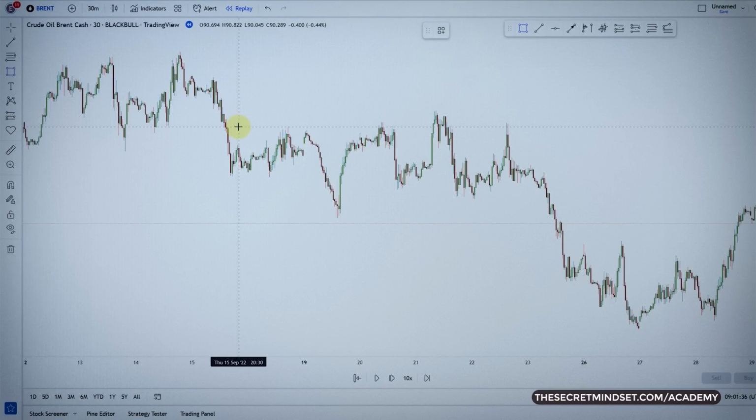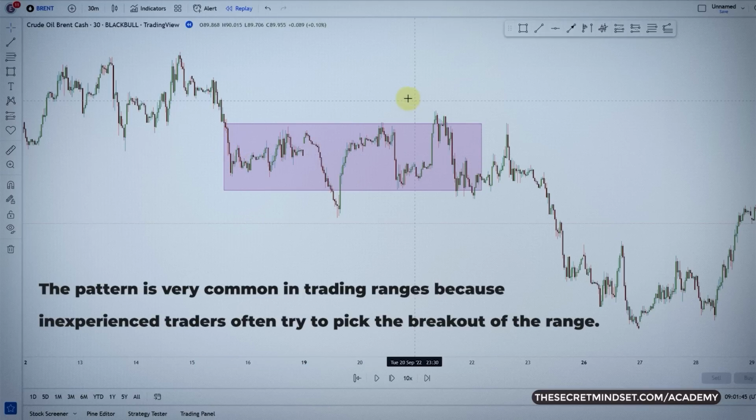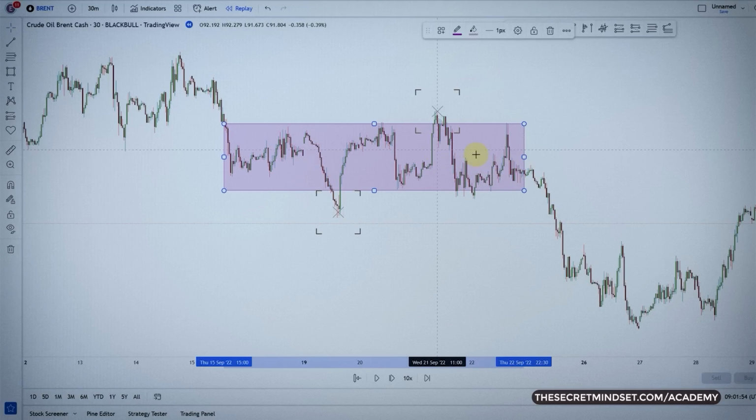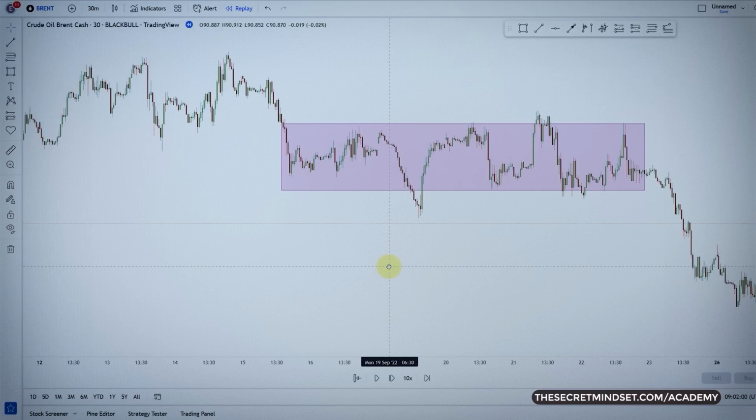The double liquidity clear-out pattern is very common in trading ranges because inexperienced traders often try to pick the breakout of the range. However, price may stay range-bound for longer than most assume. Knowing that liquidity clear-outs are somewhat common when a market is stuck in a trading range is a very valuable piece of information.